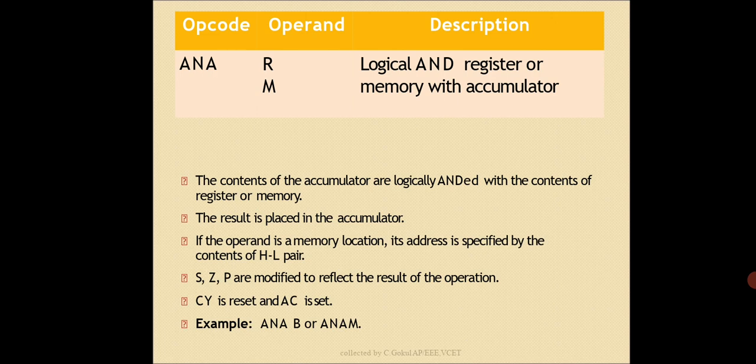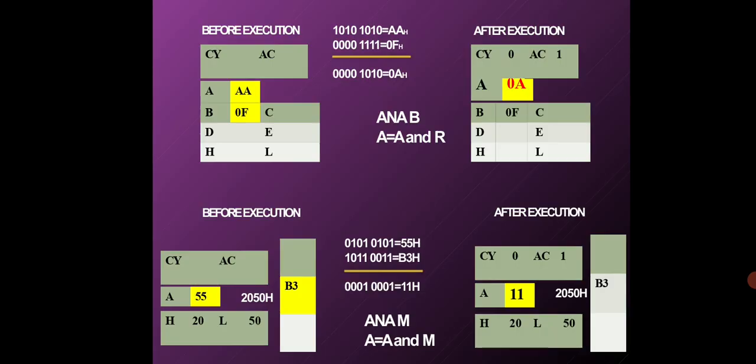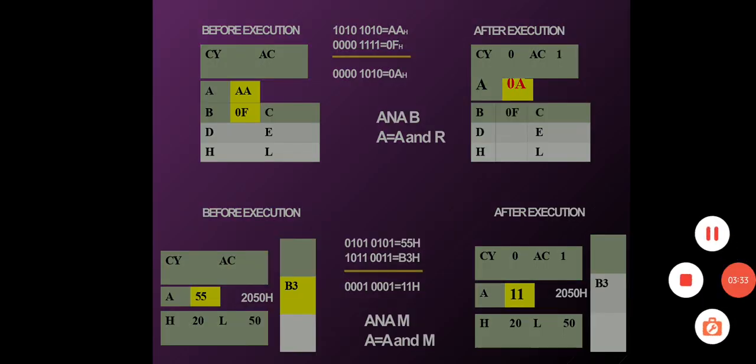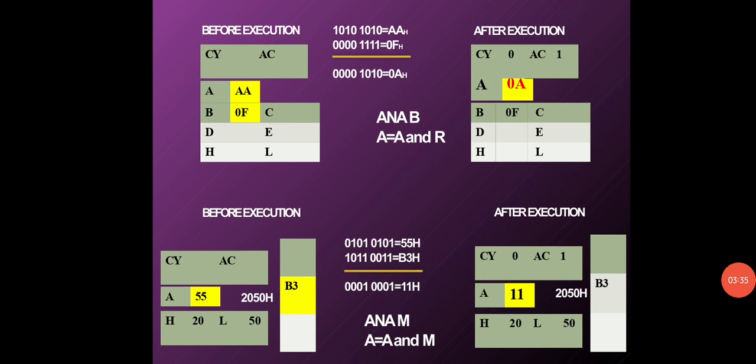For example, ANA B, that is logical AND with accumulator and B, or ANA M. So we will see the example of this. In the above example you can see that there are two values, that is AAH, a hexadecimal value, and 0FH.